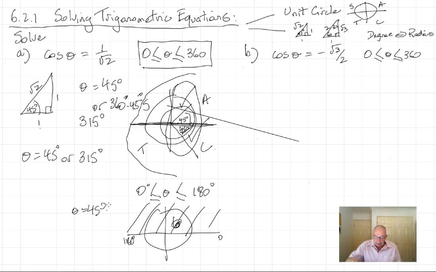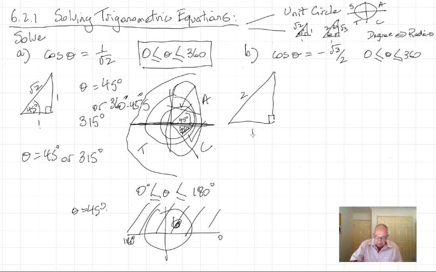Okay, so let's have a look at this example here. We're asked to find all values of theta where cos of theta is equal to minus root 3 on 2. Once again, that combination of numbers probably has to do with one of the special triangles.